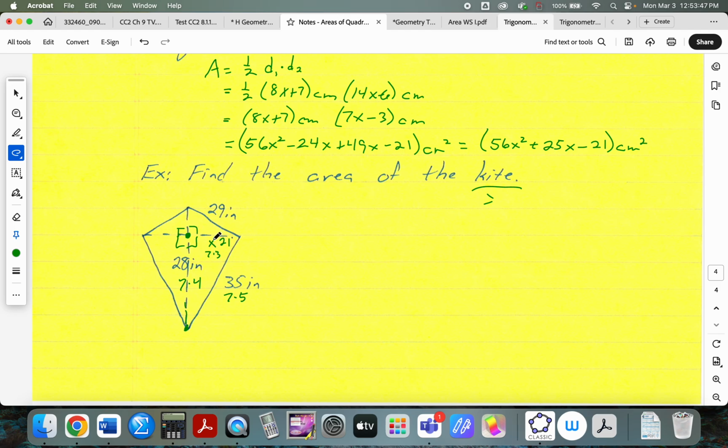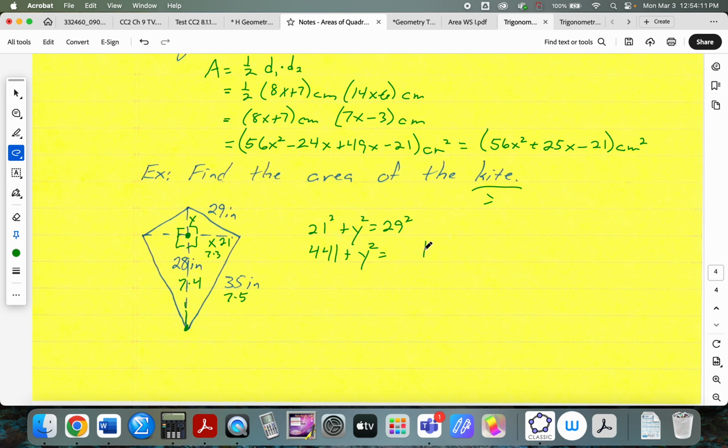Now I can use the Pythagorean theorem on this little triangle up here at the top. I can't call this piece x, I'll call it y. So I'll have 21 squared plus y squared is 29 squared. 21 squared, I know that one, it's 441. 29 squared, I don't know that one.